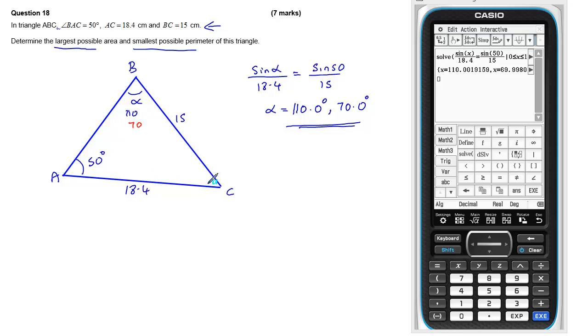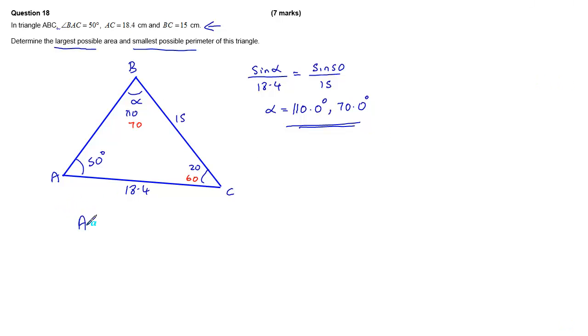Both fit with the information. If this one's 110, that means that this one down here would be 20. If it's 70, this one will be 60, because 70 add 50 is 120. We need another 60 to get to 180. So those are the possible triangles that we could get.